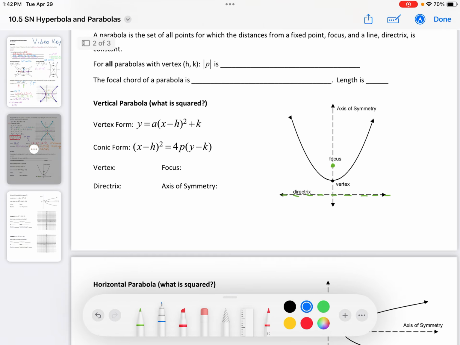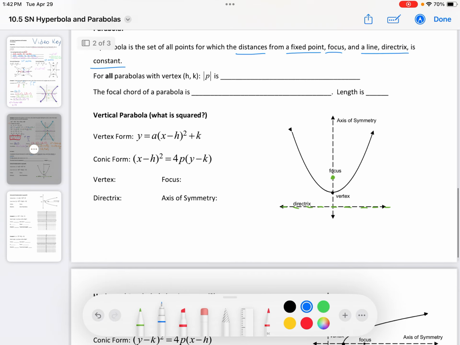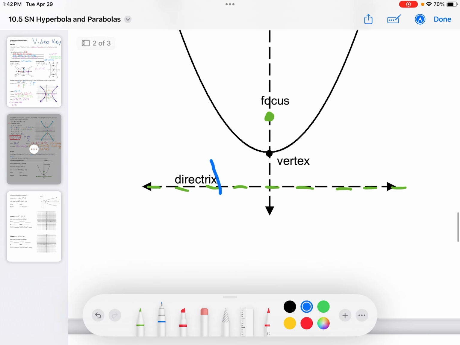So in the definition of a parabola, seen up here, the set of all points to which the distances from a fixed point, the focus, and a line, the directrix, is constant. So what that means is that this point on the parabola is the same distance from this focus as it is perpendicular to this line. Now, this parabola is not perfect, so forgive us.